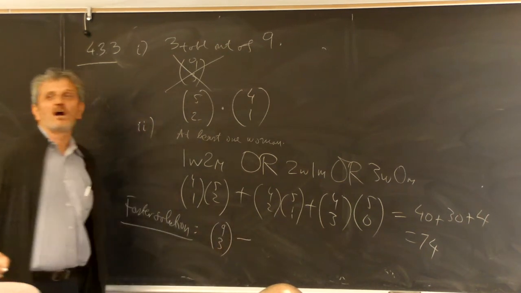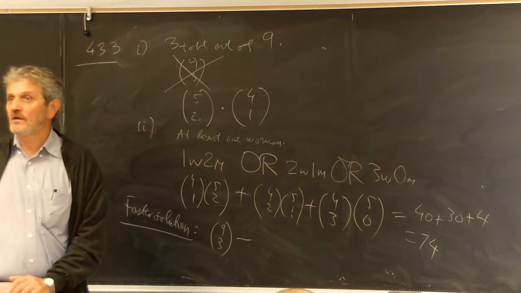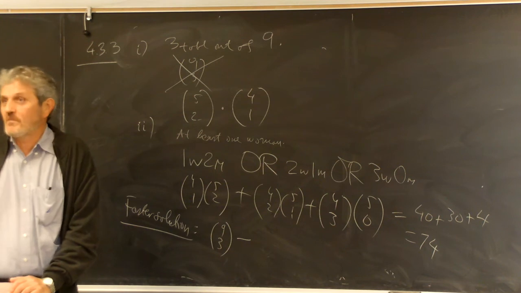Now let's remove those that have no women. 5 choose 3. Why 5 choose 3? Yes, 5 men. You are choosing all 3 among the men.